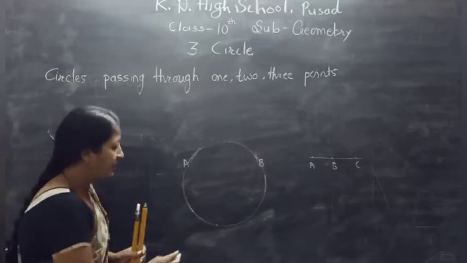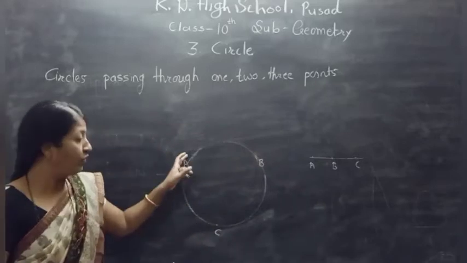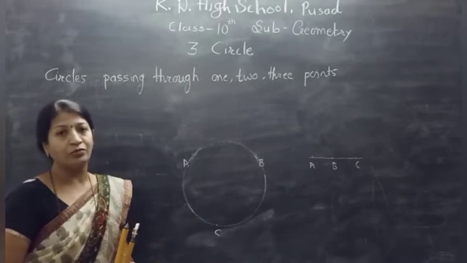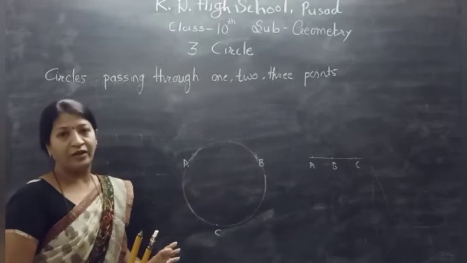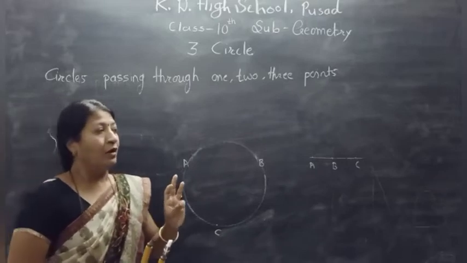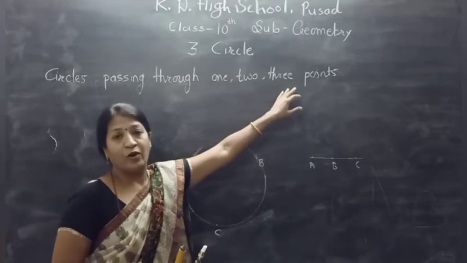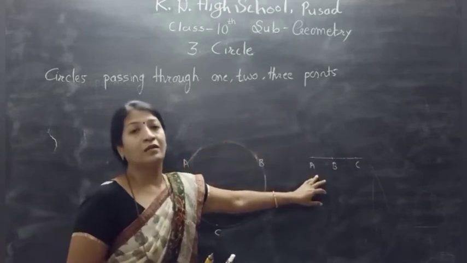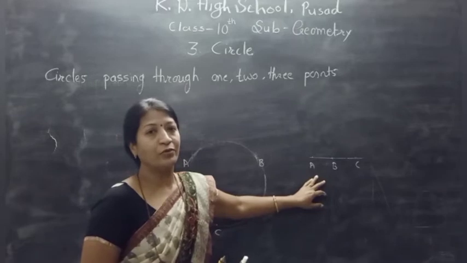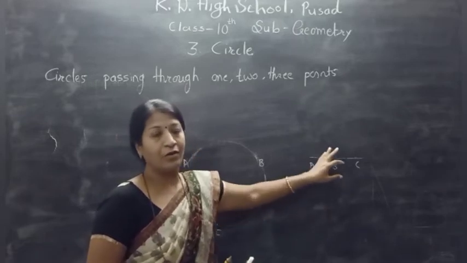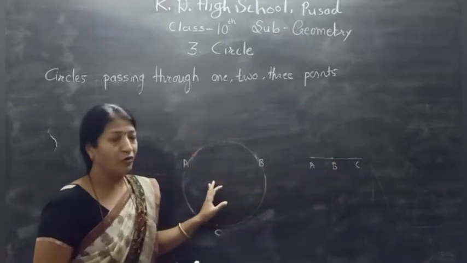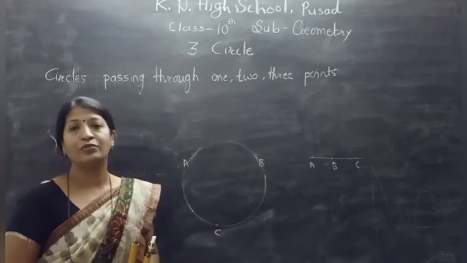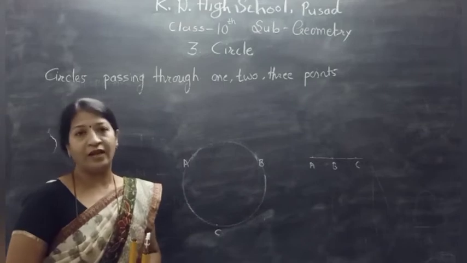Such points A, B, C are called non-collinear points, and one and only one circle can be drawn through these 3 non-collinear points. So when there are 3 points, if they are collinear, then it is not possible to draw a circle through them, and if they are non-collinear, one and only one circle can be drawn through them.